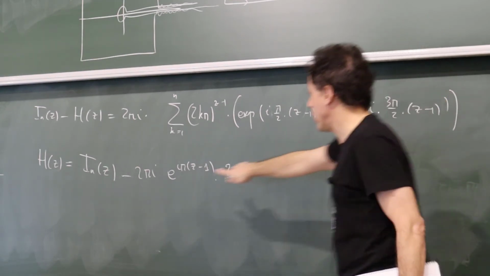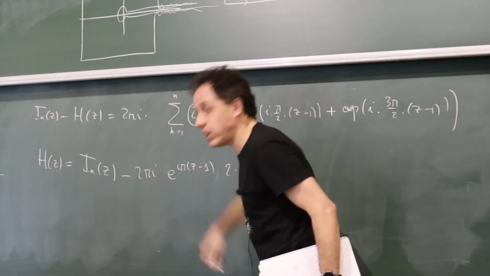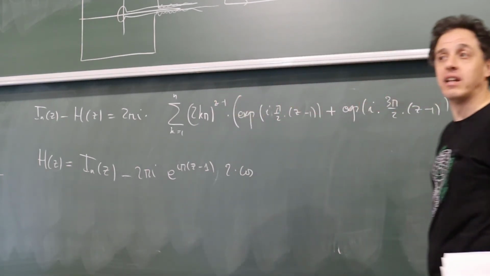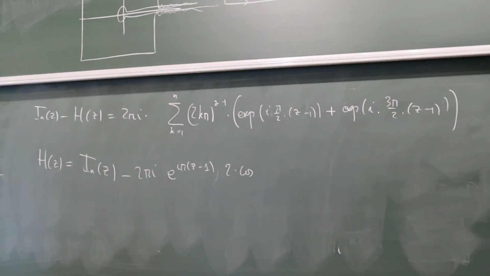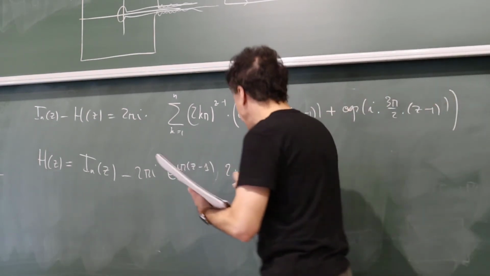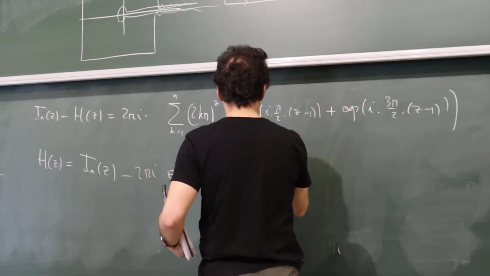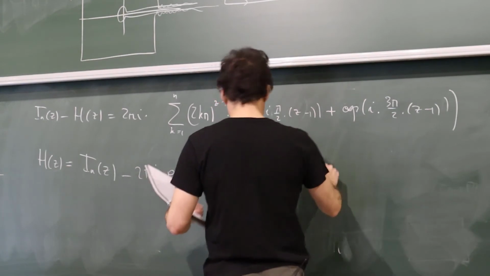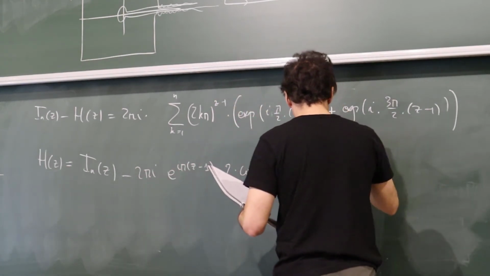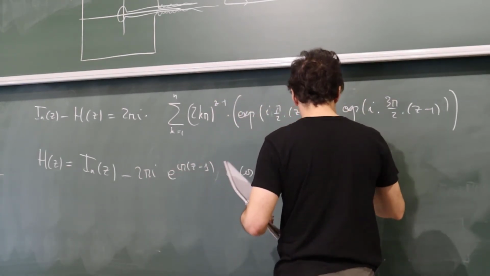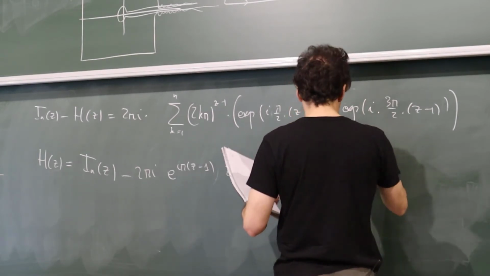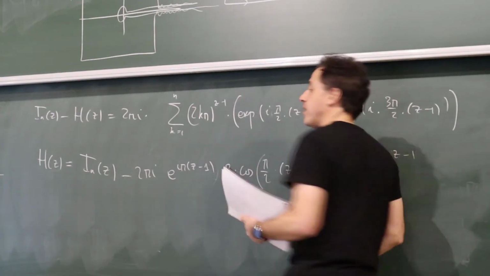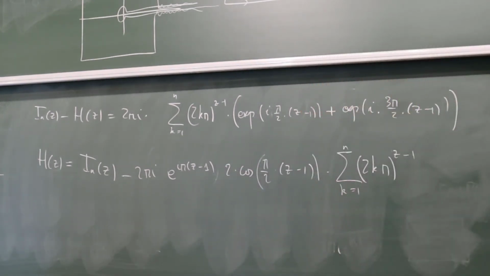So you can take outside the term like this in order to have the opposite terms inside the exponentials and to write it as a cosine. So you have 2 times the cosine of pi over 2 (z minus 1), and finally times the sum from k equal 1 to n of (2k pi) to the z minus 1. Okay? Something like this.